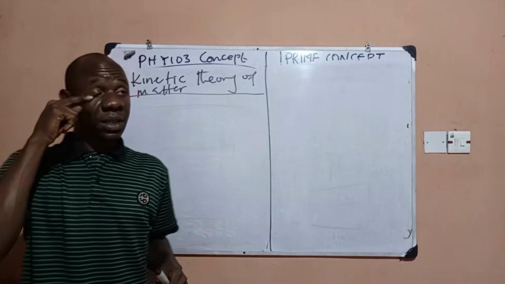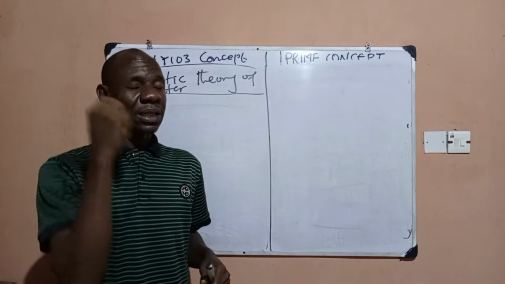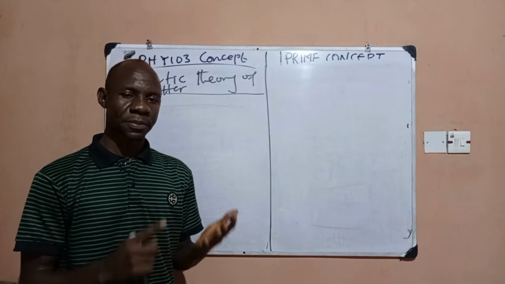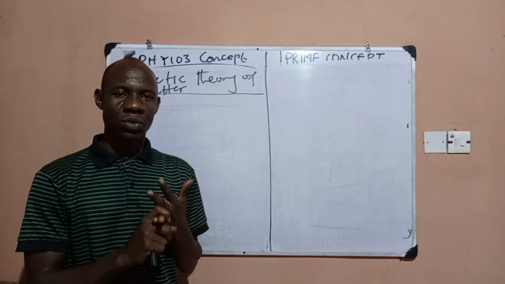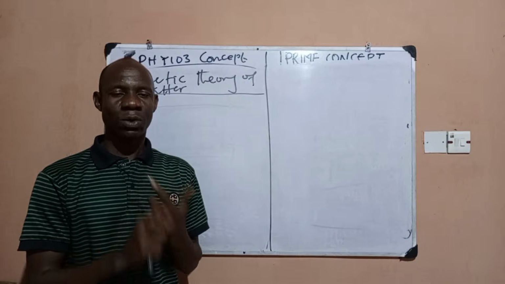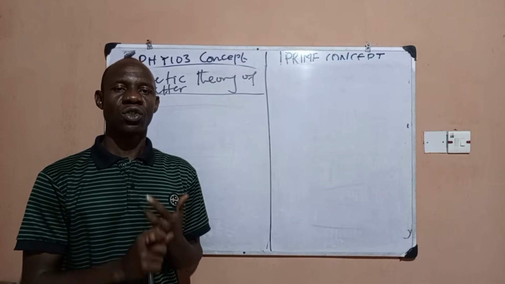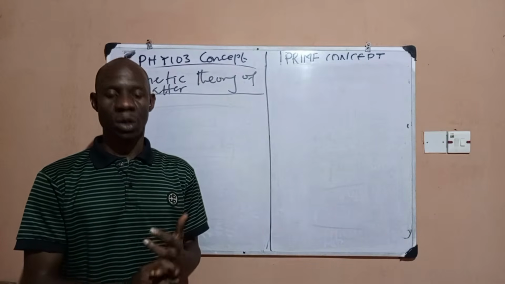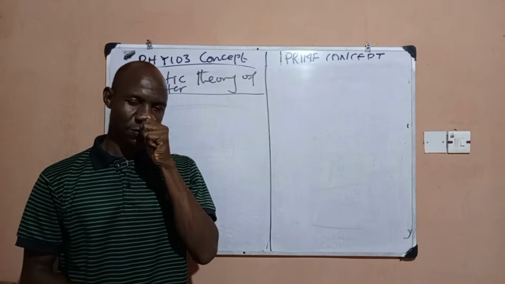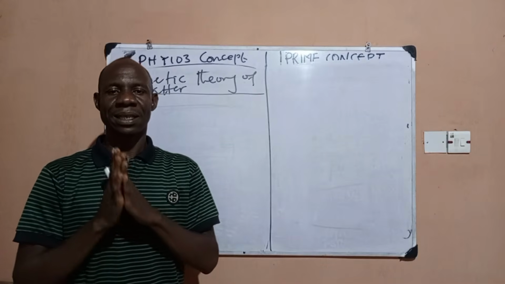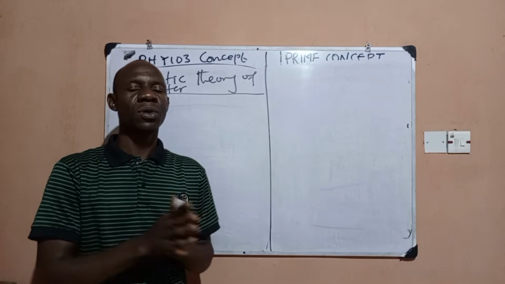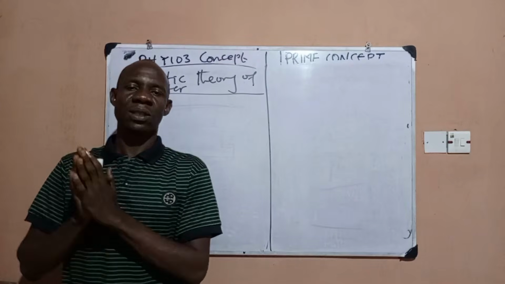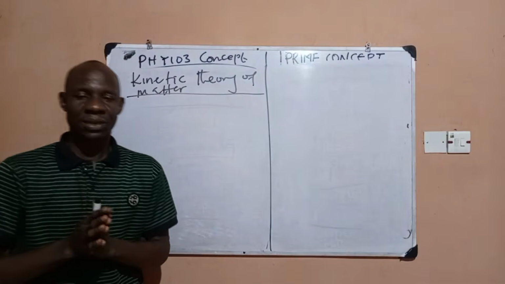Now, the difference between these three phases is that liquid and gaseous forms qualify to be called a fluid, while solid is not a fluid. So gases can flow, liquids can flow, but solids cannot flow.